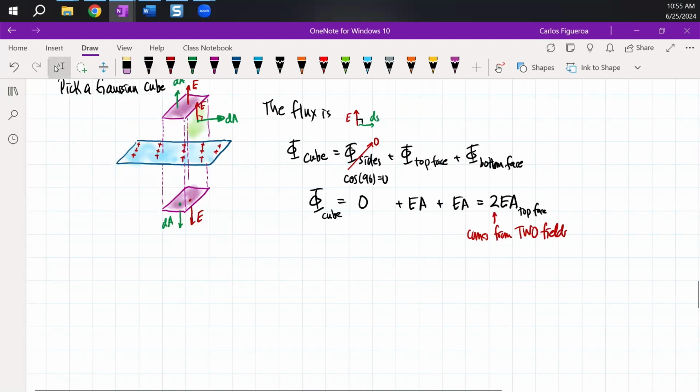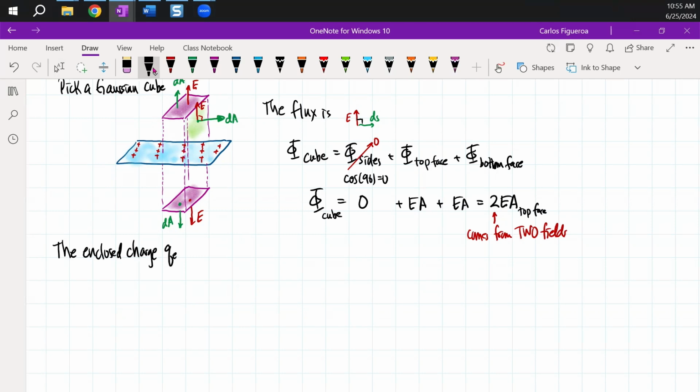But now if I go look at the enclosed charge, we could then say that the enclosed charge Q enclosed is going to be Q, because I can set my Gaussian to make sure that I enclose a charge Q. So then, using Gauss's law, I then have the following thing.